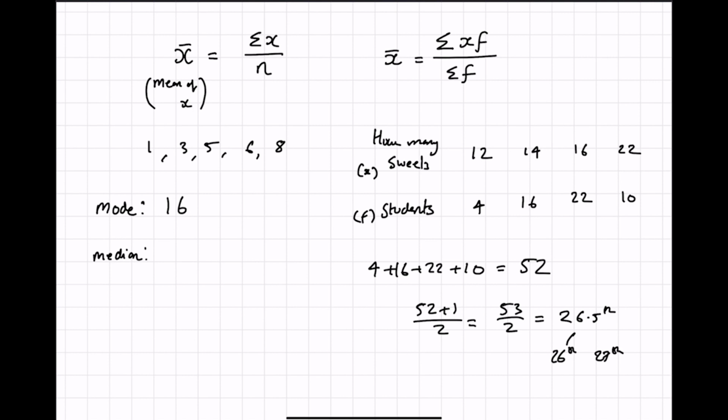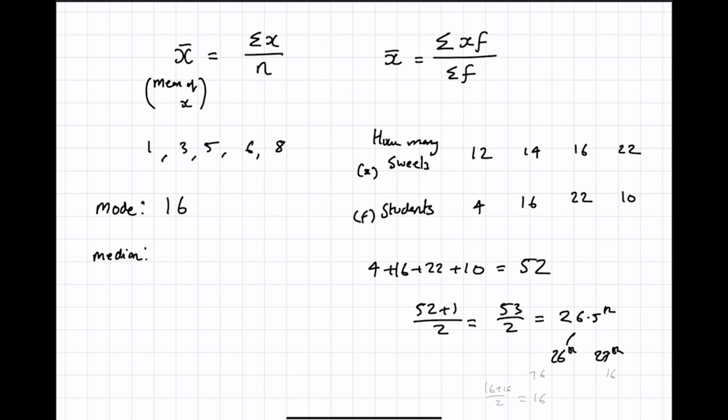So where does that happen? Well, let's start with this. 4 carries us into 4, plus 16 means we're in the 20th value. So the 26th and the 27th values lie somewhere in this 22 over here. Since the 26th and 27th values are both 16, I can say 16 plus 16 over 2 is 16.